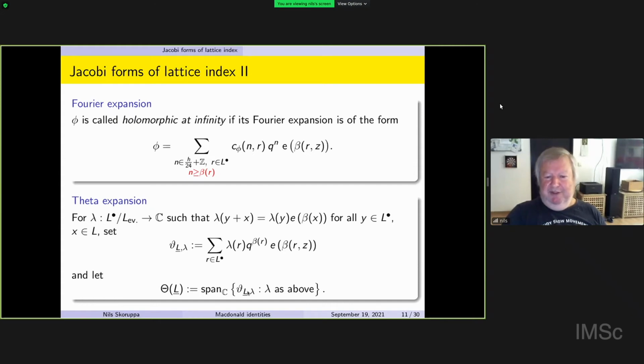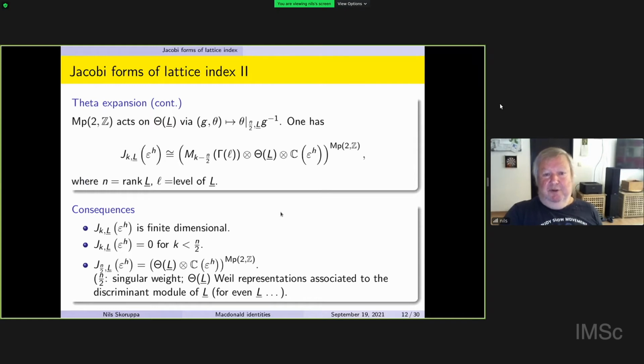So that means when I just look at these basic theta functions that I put here for all lambdas as above, the space spanned by it, then this space here that I denoted theta of L is just an n-dimensional space, if n is the number of points in L sharp mod L. Okay, so it's a finite dimensional space.